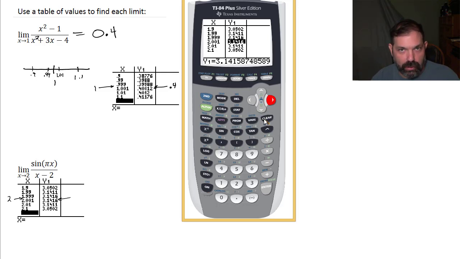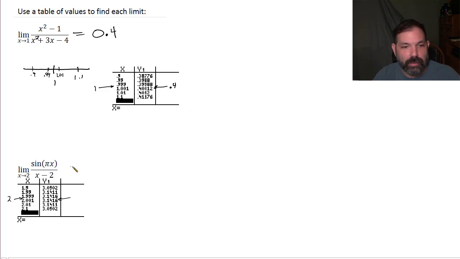The table will round to 4 decimal places, but if you put your cursor over it, it shows more. And so what I see here is 3.14159. I recognize that to be approximately pi. So these numbers appear to be approaching pi.